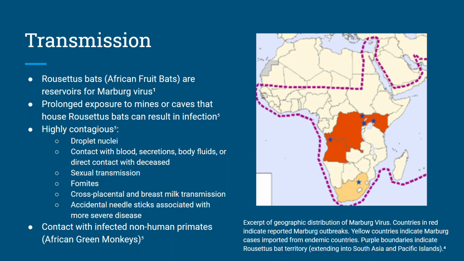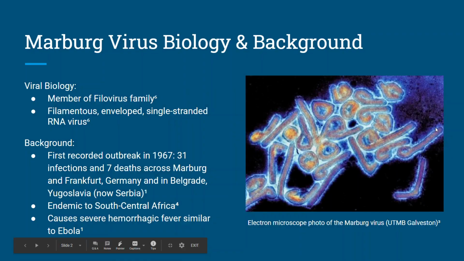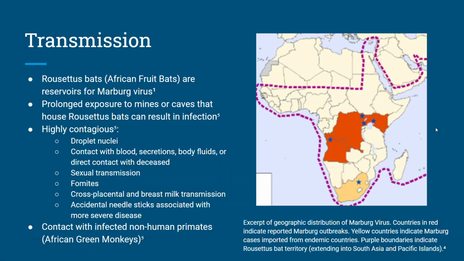The reservoir for the Marburg virus is the Rousettus bat, which is also known as the African fruit bat, which was shown on the title slide here. So this is one of the Rousettus bats. The reason that Marburg virus disease is endemic to this South Central African region is because that is a central location within the territory of the Rousettus bat.